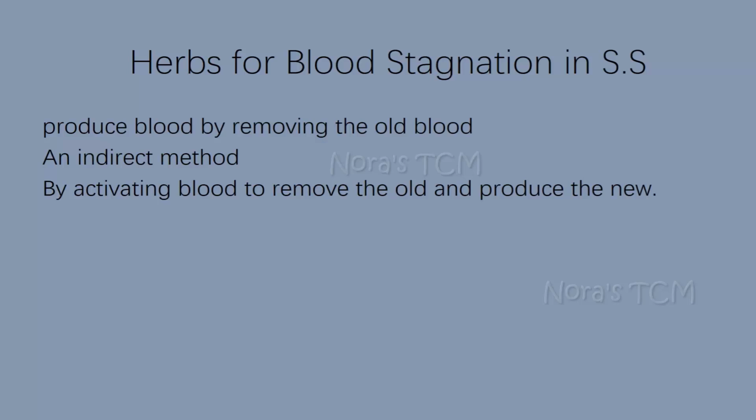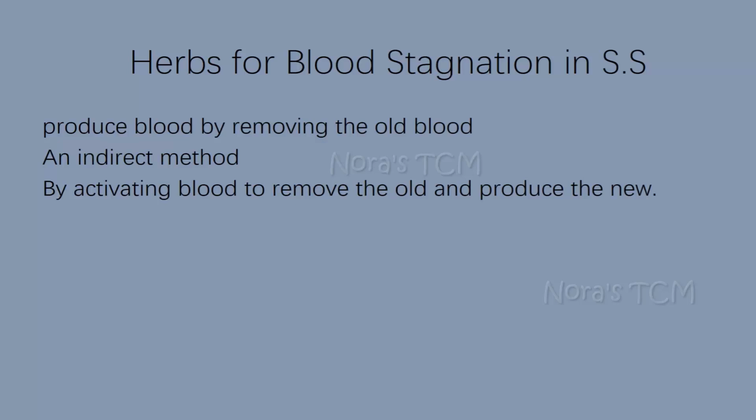Some methods are very direct, like 熟地黄, 阿胶. They have the function of tonifying and nourishing the blood directly. But like 当归 and 鸡血藤, they also have the function of generating blood, but in an indirect way.